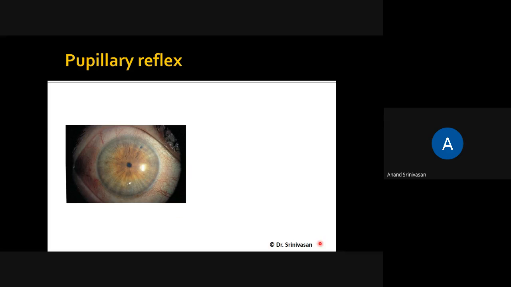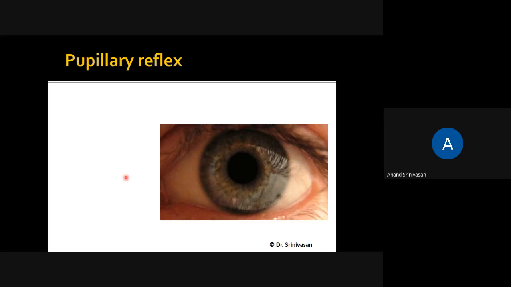There are various conditions for a pinpoint pupil, and one of them is poisoning. There is another one called a fixed, non-reactive pupil. Here you have seen a reacting pupil: when you throw light, the pupil constricts and then dilates.